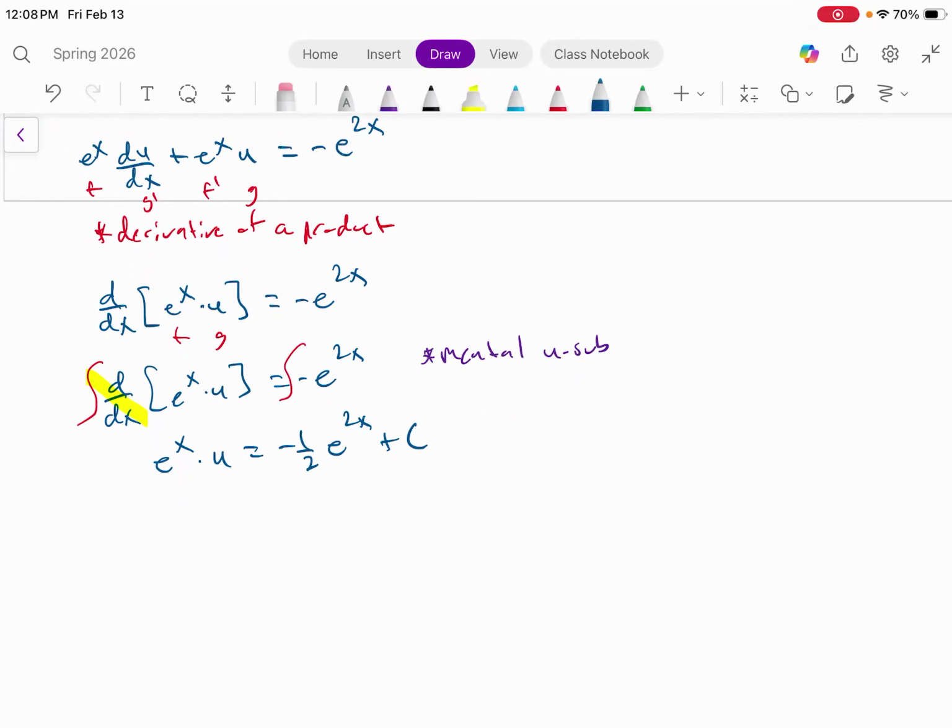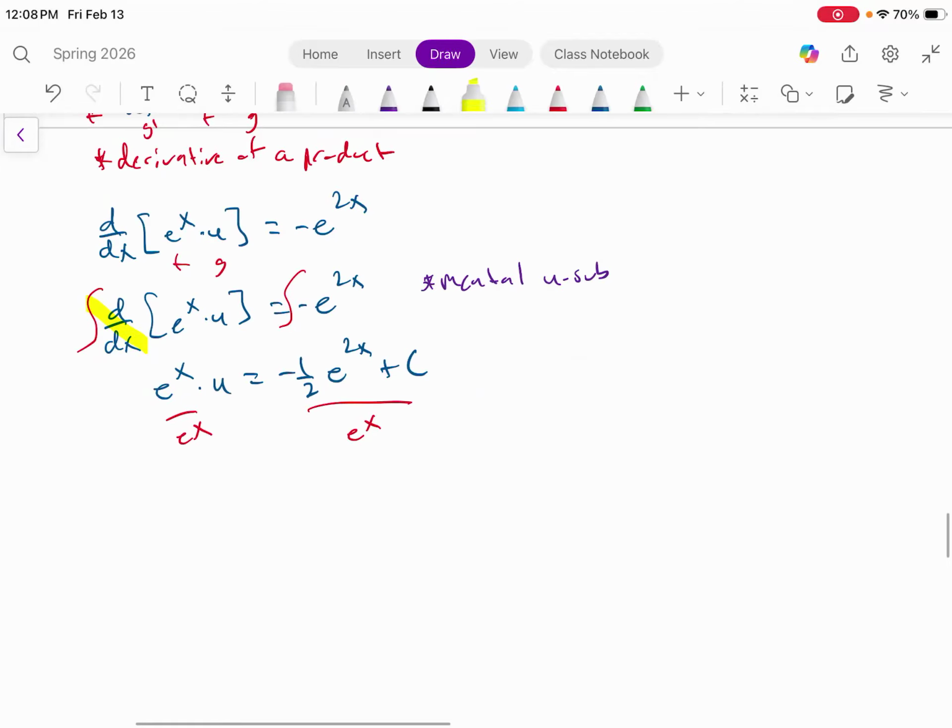So we want to solve for u to eventually get to y. So let's divide both sides by e to the x. And so what I'm left with is u equals negative 1/2 e to the 2x plus c over e to the x, because the 2x would cancel out with the e to the x.